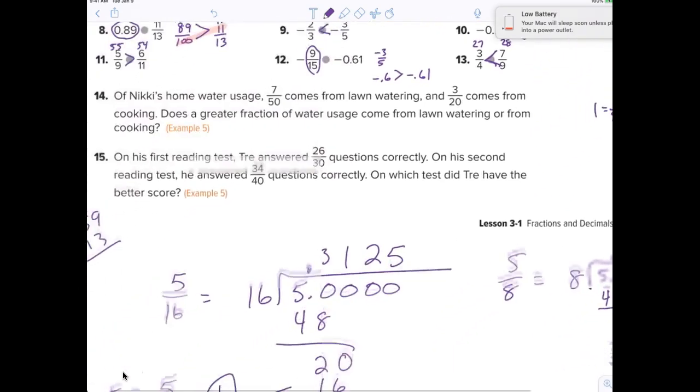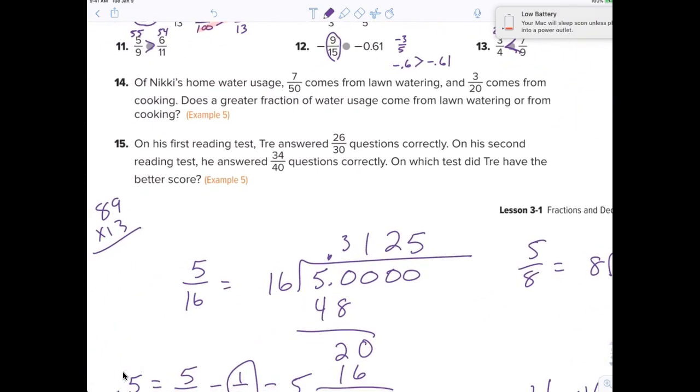All right, let's do, okay. So now 7/50ths compared to 3/20ths. I think this one's kind of easy, right? Which one's bigger? Ooh, what? 3 over 20.